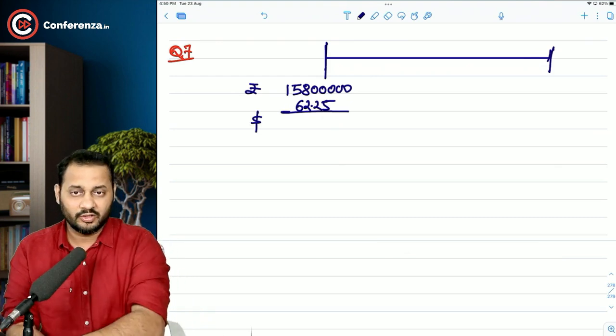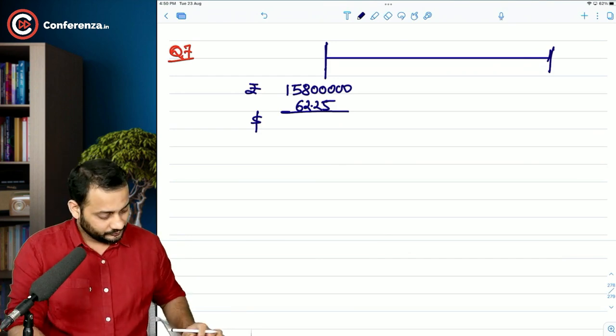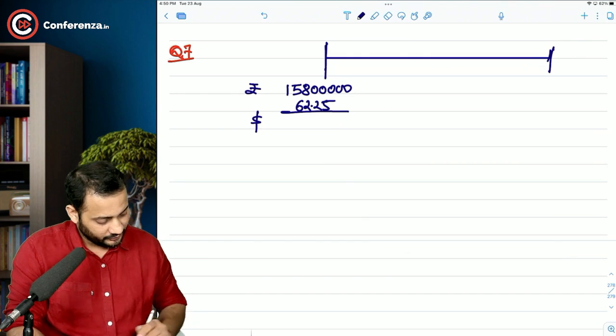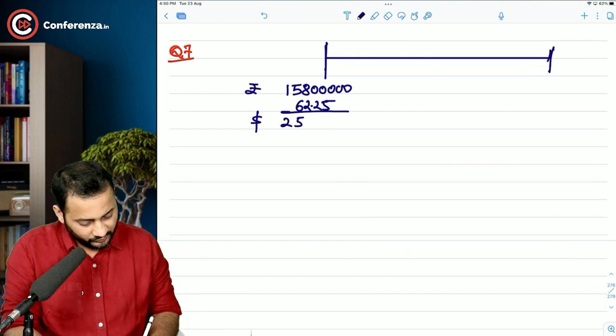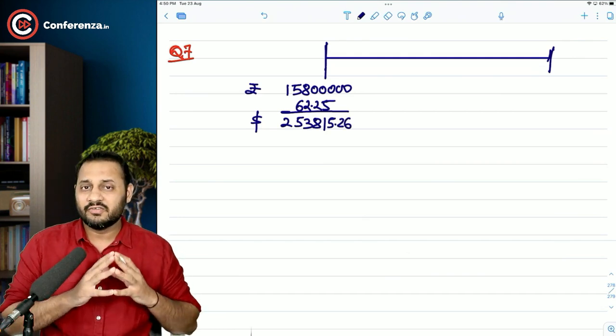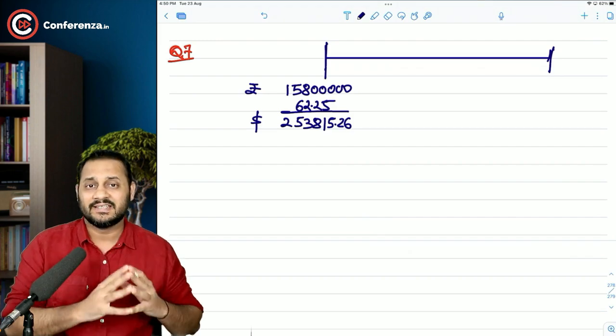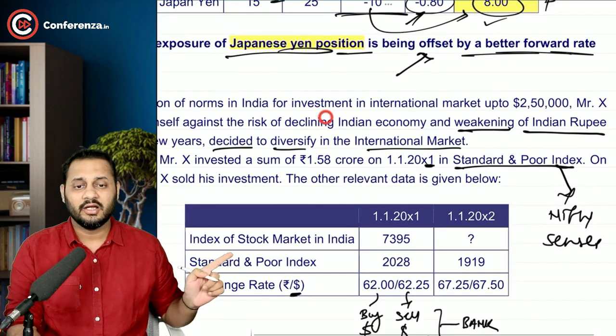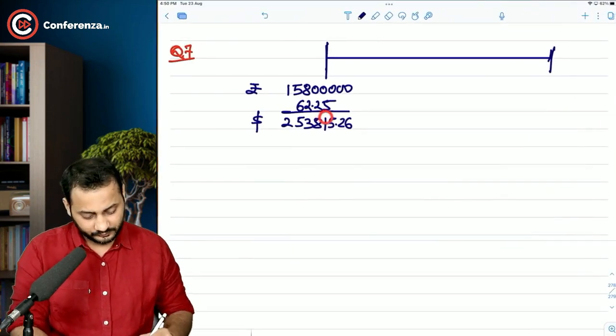Okay, so what will happen? You will receive dollar by selling rupees. 1 crore 58 lakh divided by 62.25, that's around 253,815.26. This much of the dollar was invested by you in S&P index. On that date, the S&P index was going at 2028.